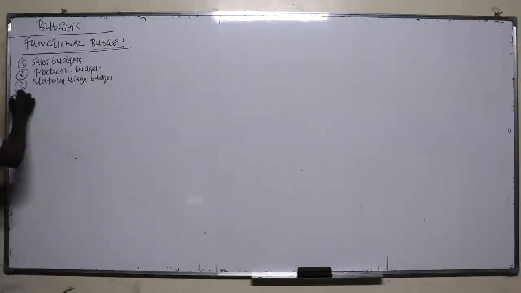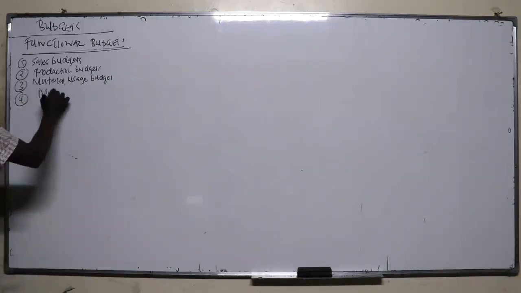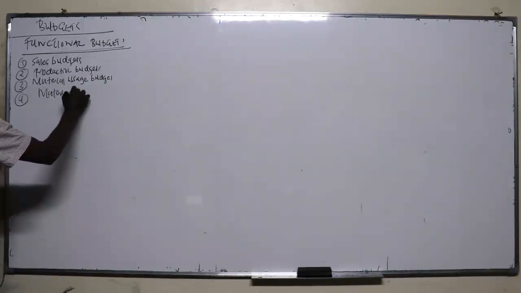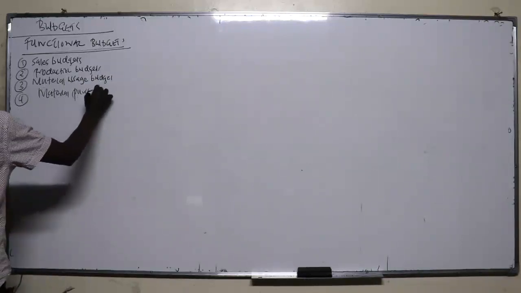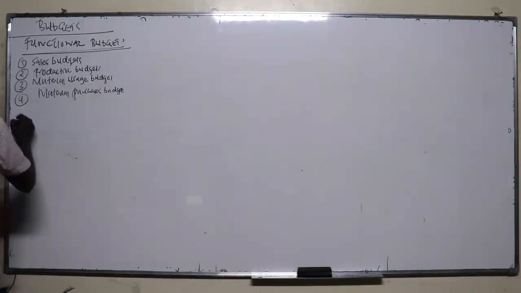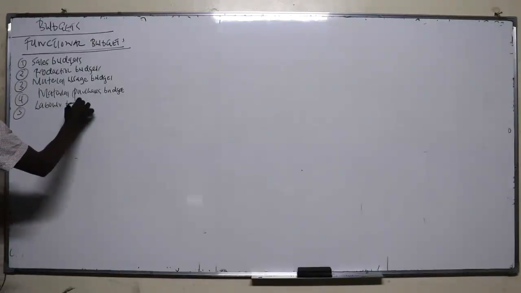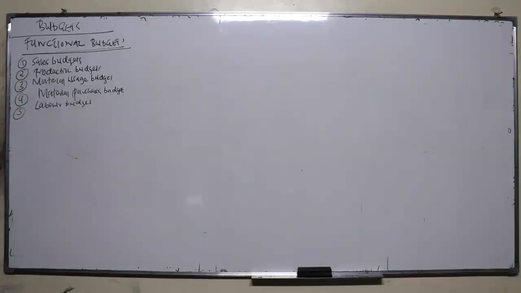Number four, material purchases budget or purchases budget. And five, labor budget. So those are budgets that you're supposed to be able to prepare.